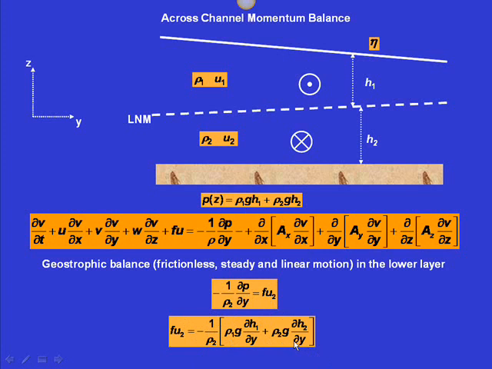But the pressure gradient now is expressed in terms of, again, the pressure as given by the thickness of the upper layer and the lower layer. That's given there. So now we are looking at how much the upper layer changes across the estuary and how much the lower layer changes across the estuary. So this is effectively the pressure gradient. And this whole thing is the geostrophic balance in the lower layer. So we haven't done anything yet.